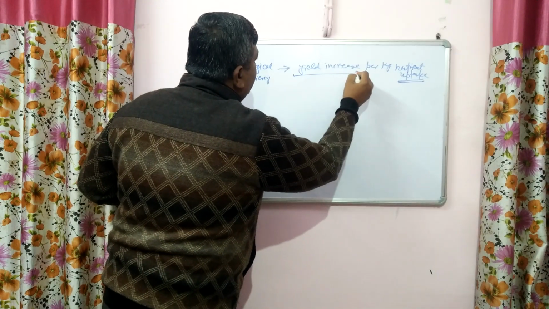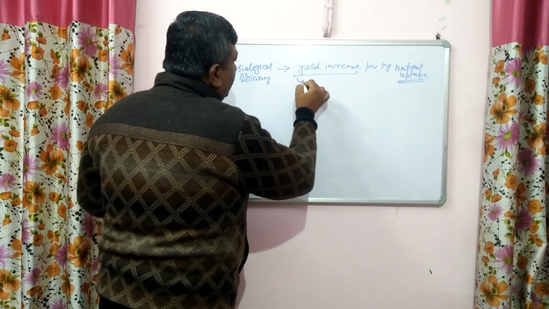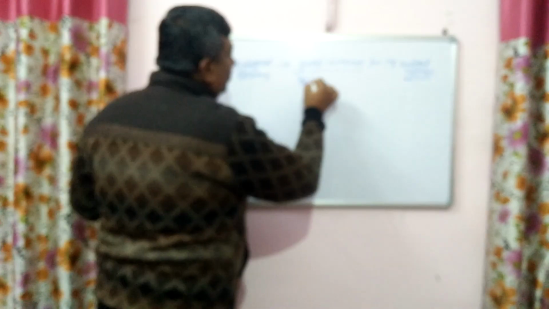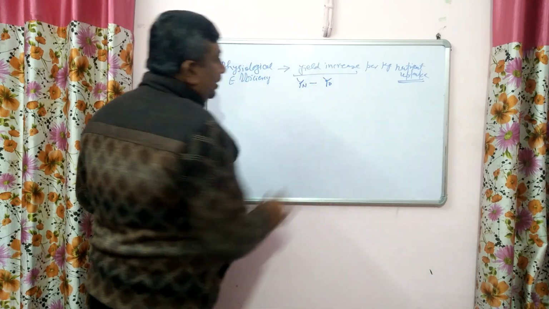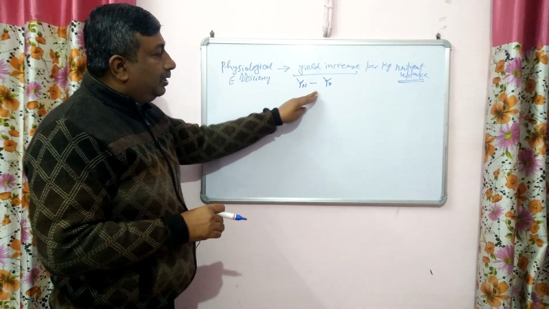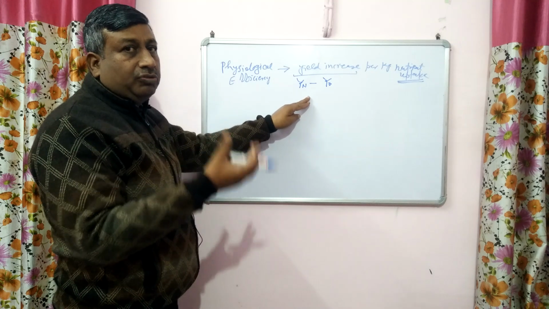So in physiological efficiency, we also consider the soil contribution. So this yield is yield obtained by the application of fertilizer minus yield without fertilizer. So it also considers the soil contribution and we reduce the soil contribution.